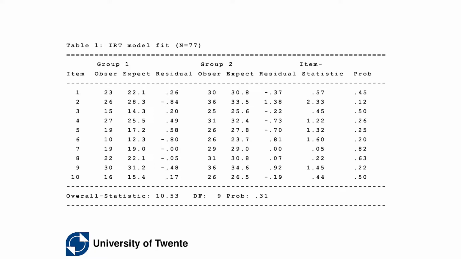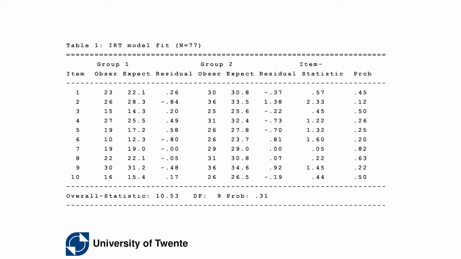So for instance here I have an example of a package that we will be playing with somewhere in the coming days. That is the MIRT package, and you see that there are 10 items in this test. So here are the item numbers in the first column, and you see that the package has distinguished two groups of students, group 1 and group 2. So you could say the boys and the girls, for instance.